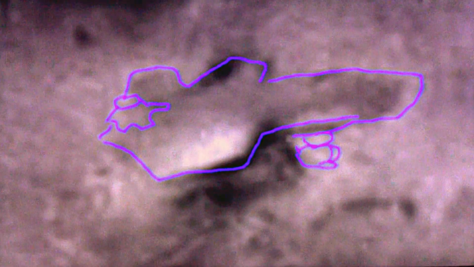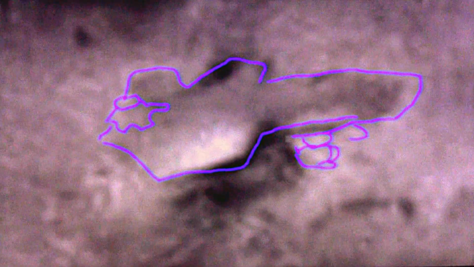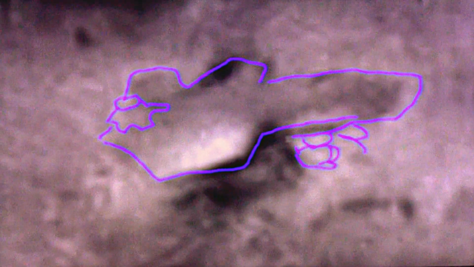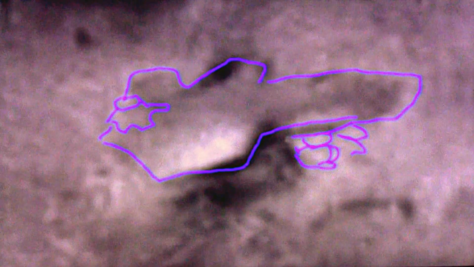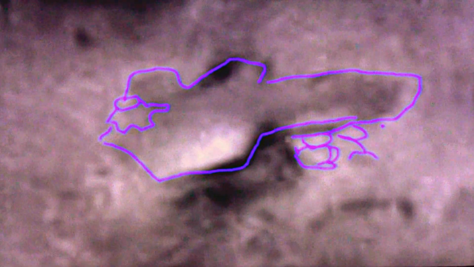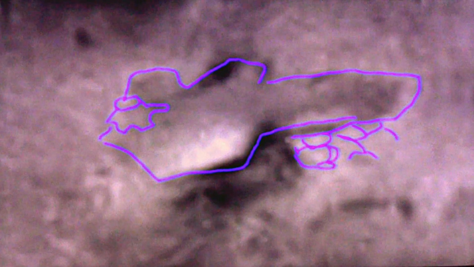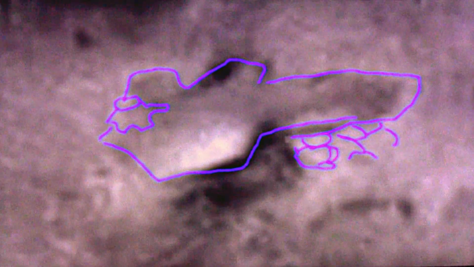Look at that. They overexpose this image incredibly, to the point where all you can see is the outlines.